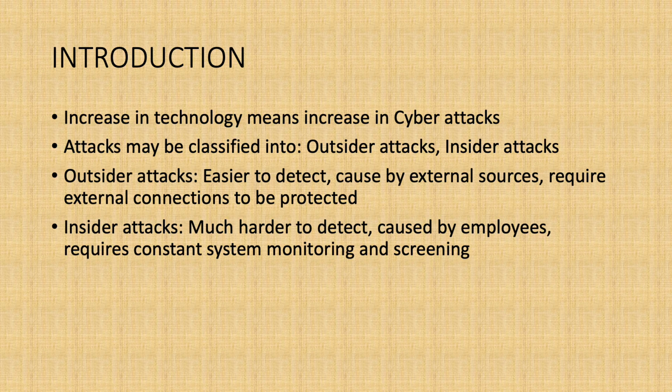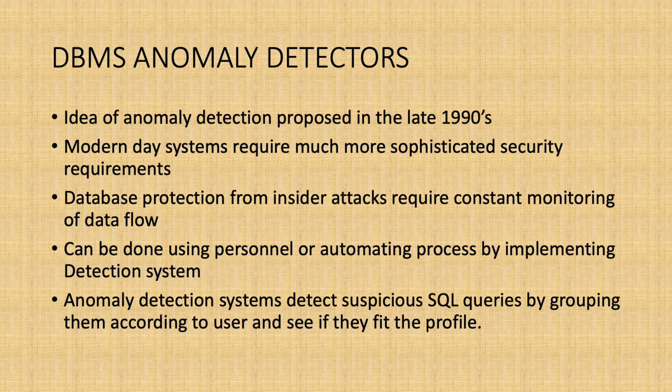These kinds of attacks, which are so hard to prevent, are the ones we are going to focus on right now. So for preventing such attacks, what do we do? They have been proposing systems which detect such anomalous or abnormal requests inside the system, which is where we get the name anomaly detectors.